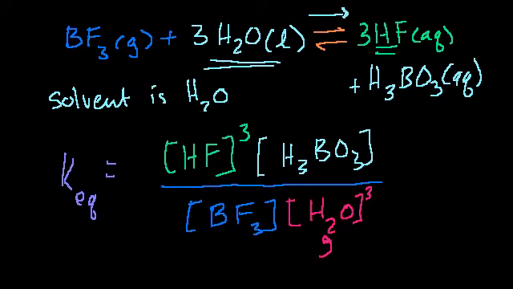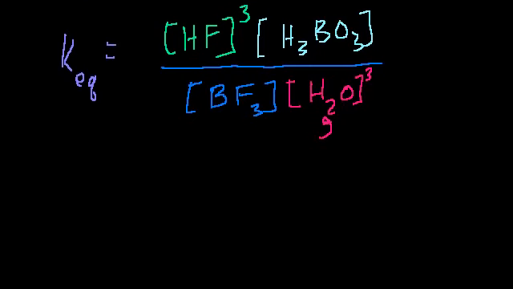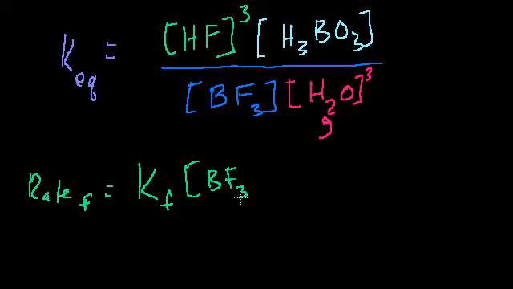So you could say the forward reaction rate is going to be dependent on some forward constant times just the concentration of the boron trifluoride. The water's everywhere, so you don't have to multiply it times the concentration of water, whatever that means. So the denominator here, you do not put the solvent.